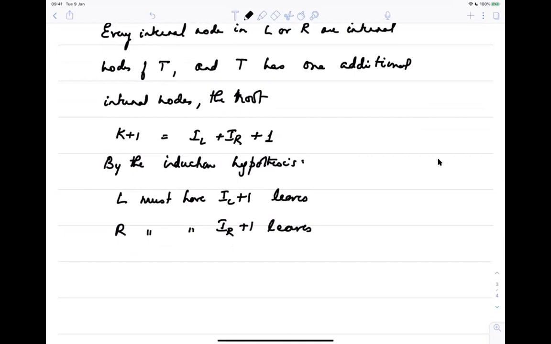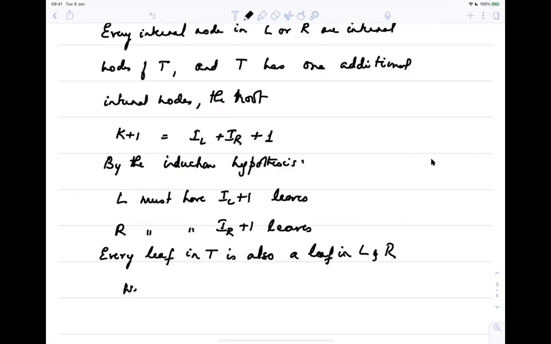Every leaf in T is also a leaf in L or R. We have IL plus IR plus 2 leaves.